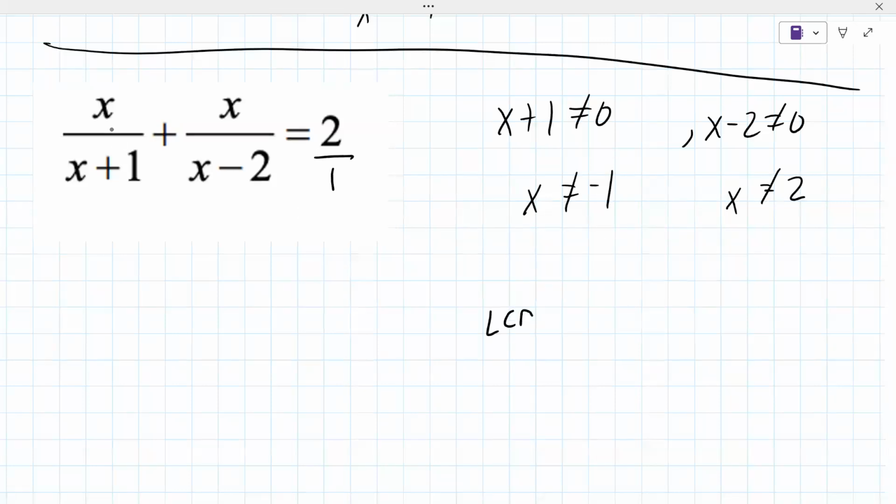So what is the least common denominator in this problem? x minus 2? Okay, and it's always got to include everything.